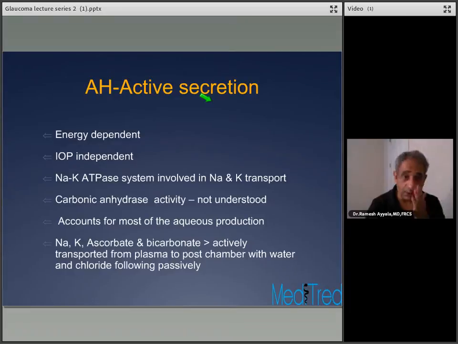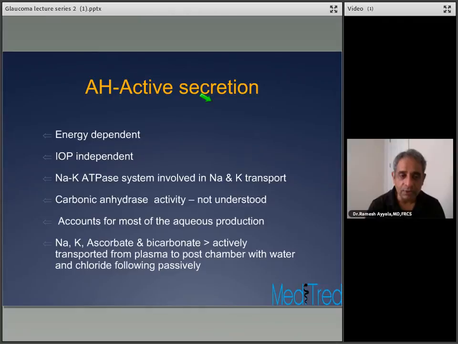It involves probably two enzyme systems, the sodium potassium ATPase system to transport sodium and potassium, and the carbonic anhydrase activity system, which is not very well understood at the present time. It accounts for most of the aqueous production.